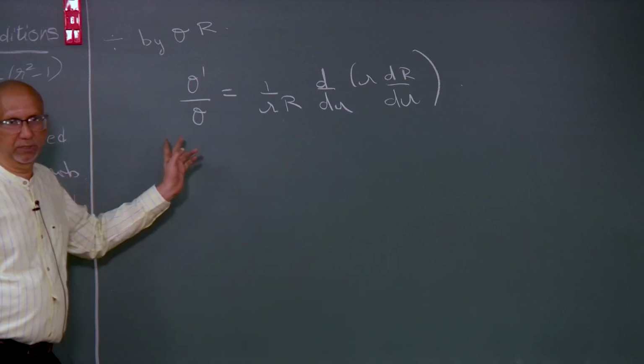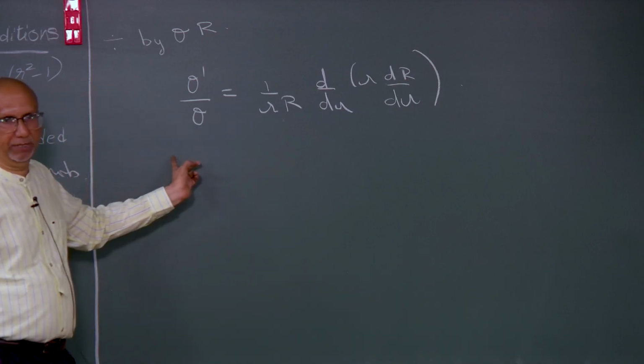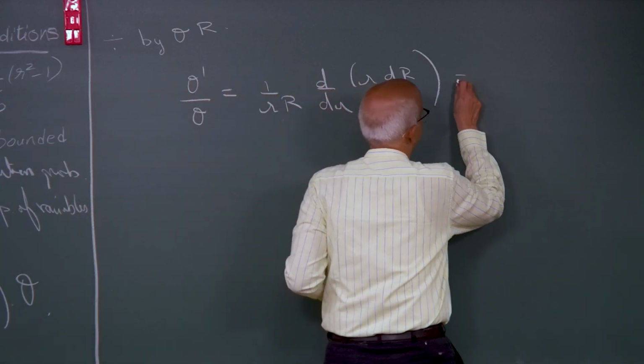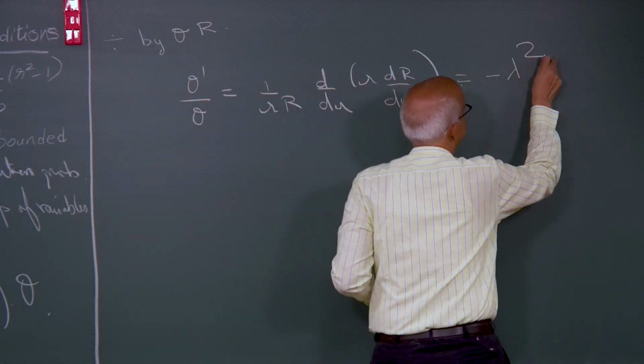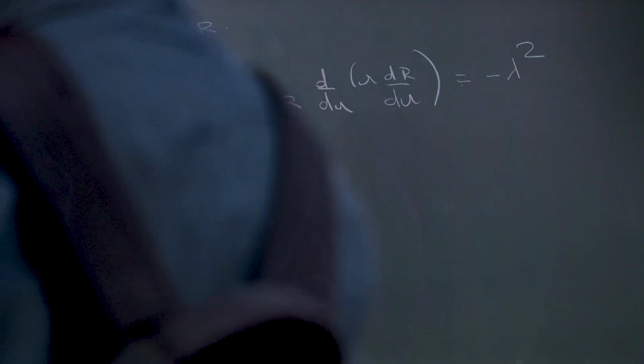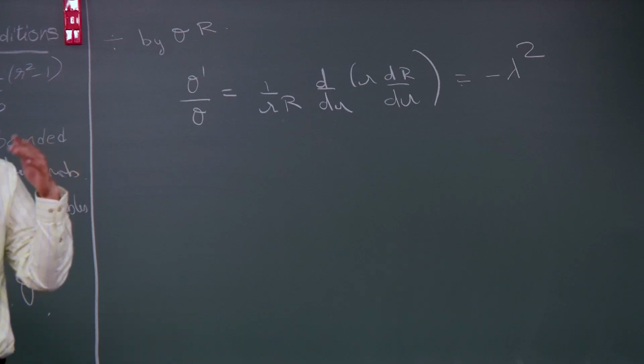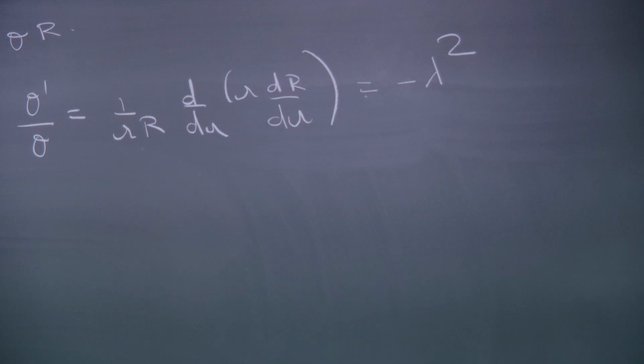Now what we argue is that this side is a function only of time, this side is a function only of r, and that can happen only if this is equal to some constant, and we introduce this negative sign like we did in the math course, because we want the functions to asymptotically approach the steady state.